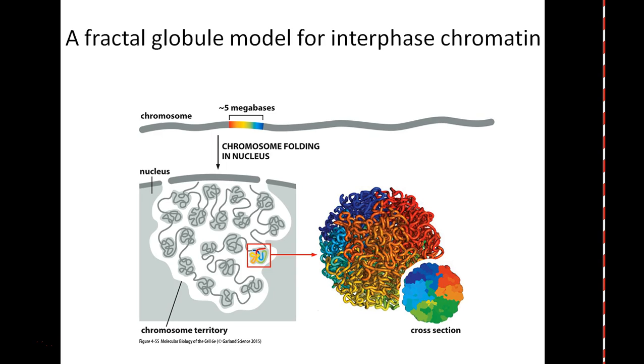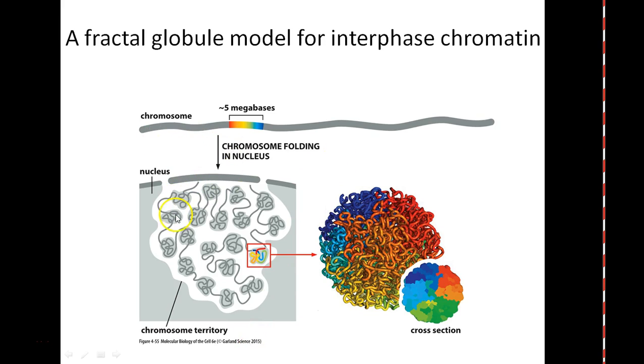So those chromosomes are slightly decondensed, but not completely decondensed. So I think I said in the previous lecture that chromosomes occupy specific space within the nucleus. They are located within the chromosome territory.